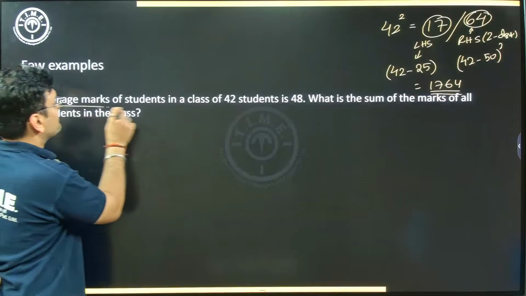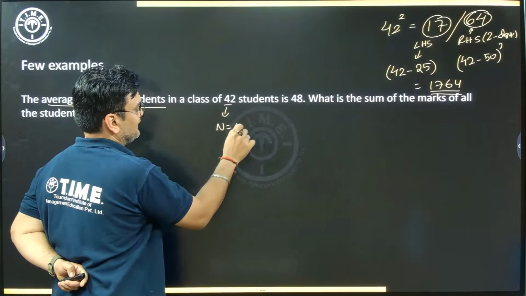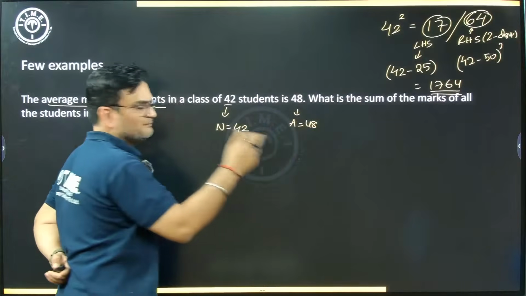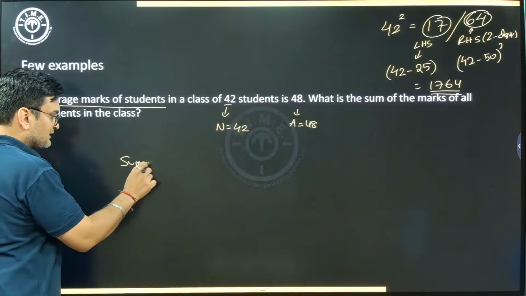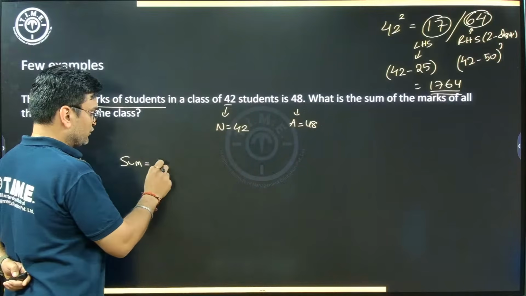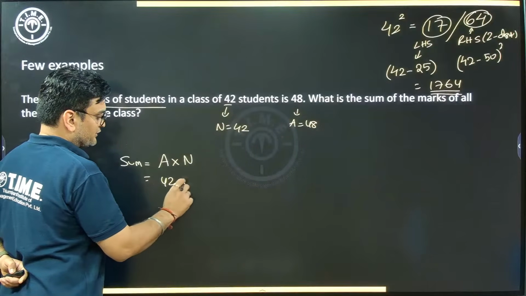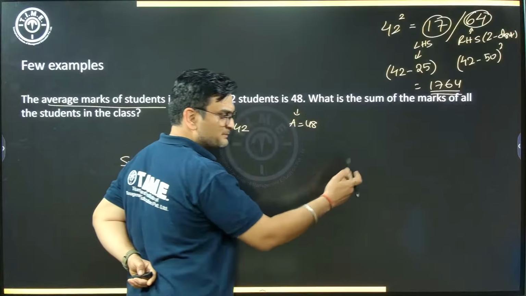The average marks of students in a class of 42 students. So the number of students is 42, and the average is 48. What is the sum? From conceptual knowledge, the sum is nothing but average into number of elements. So my answer will be nothing but 42 into 48. Just now we saw that method, one more than the previous one.